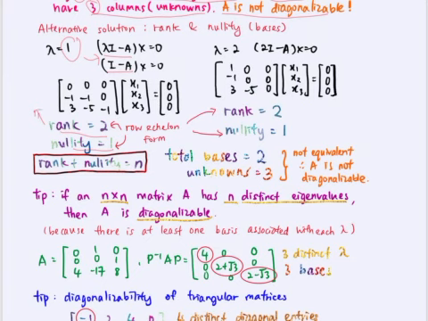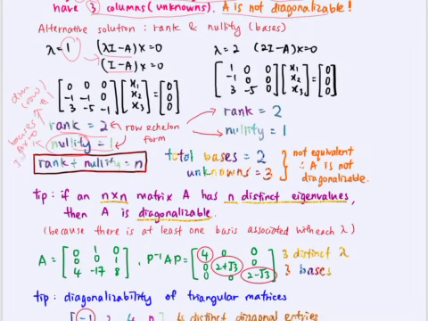Remember, the rank is the dimension of the row space, or the number of leading ones here. Remember the lessons you learned in chapter 4 about the rank and the nullity. You don't need to find the basis separately, because the nullity is actually the dimension of the solution space of AX equals 0.